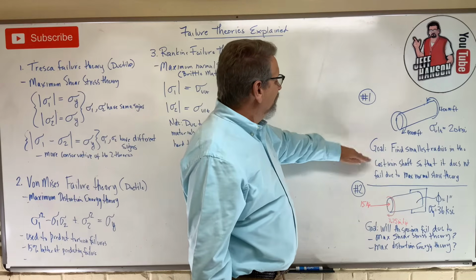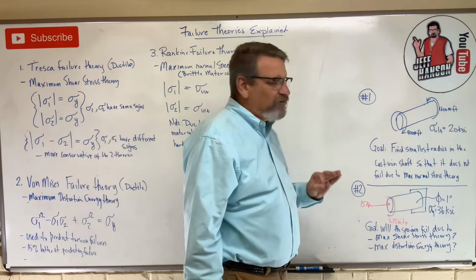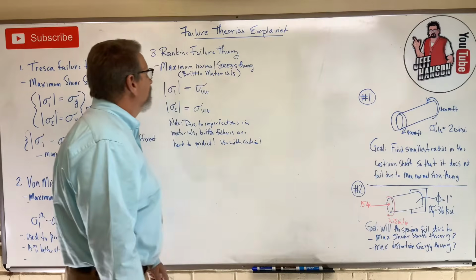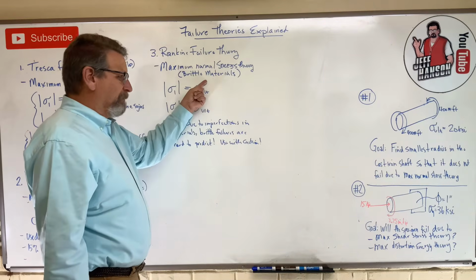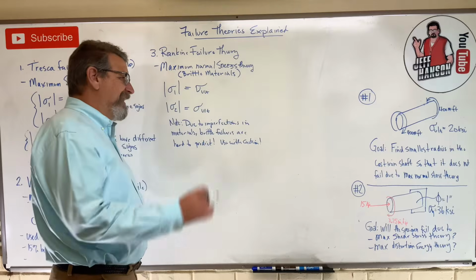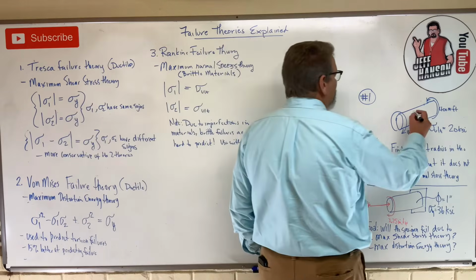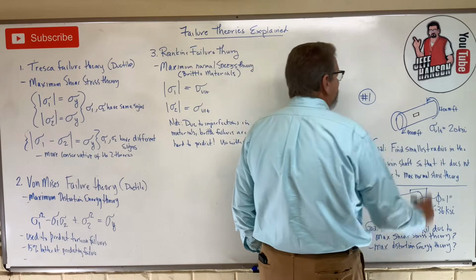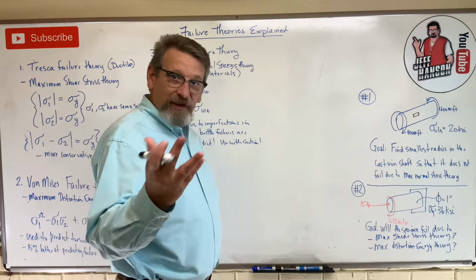Find the smallest radius in the cast iron shaft so that it does not fail due to the maximum normal stress theory, which is this one. Hey, that's the one for brittle materials, cast iron. All right. Okay, so if you're a little piece of material right there, a little stress element, if you will, what are you feeling?